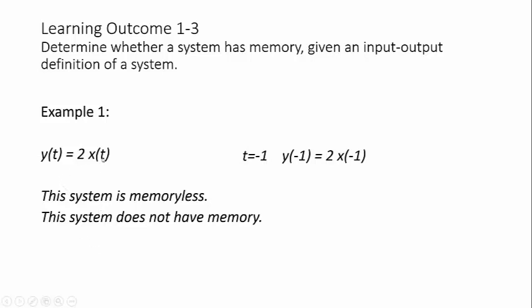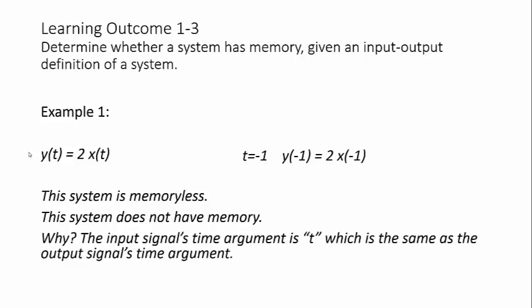Do something, but make sure to tie it into this example, and do not just restate the definition. You need to state how it applies to the specific problem given. Here is an acceptable part. The input signal time argument is t, which is the same as the output signal's time argument. And again, include reference to this equation.